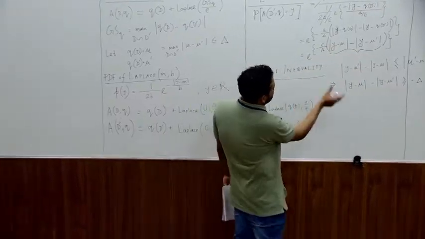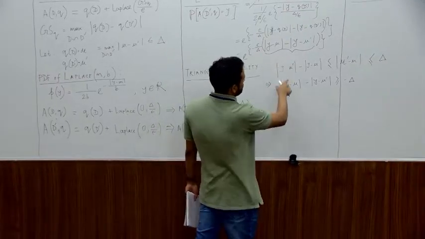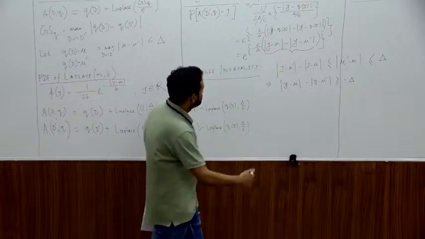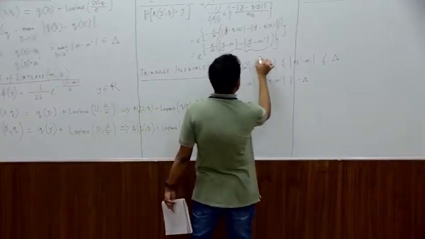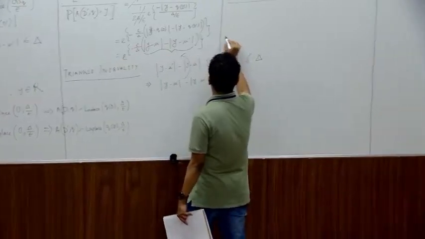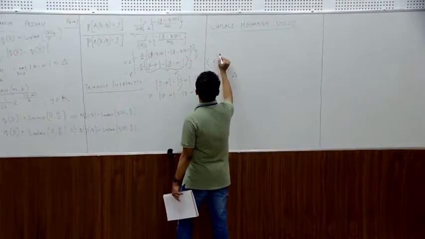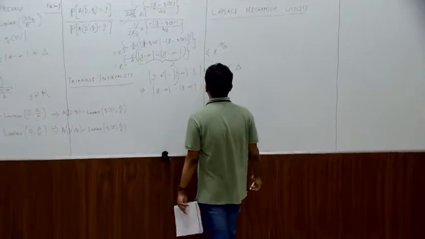So we have to put it back. So we have e to the power minus epsilon by delta times this, and this is greater than or equal to minus delta. So let us put this thing back here. We can upper bound this thing by less than or equal to e to the power minus epsilon by delta times minus delta.